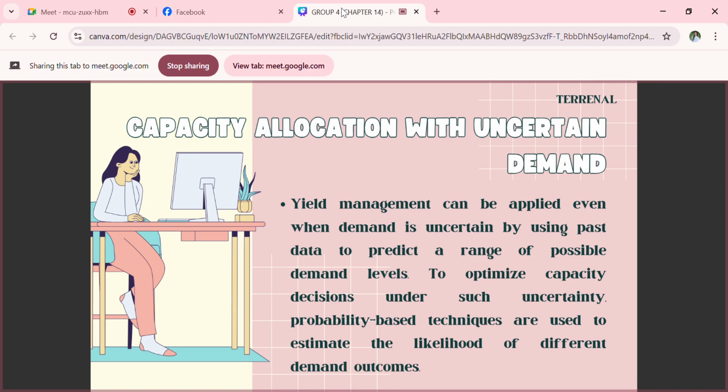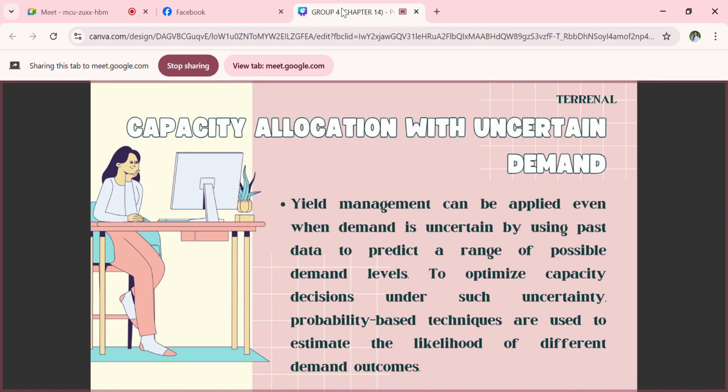I will be discussing capacity allocation with uncertain demand. Yield management can be applied even when demand is uncertain by using past data to predict a range of possible levels to optimize capacity decisions under such uncertainty. Probability-based techniques are used to estimate the likelihood of different demand outcomes.